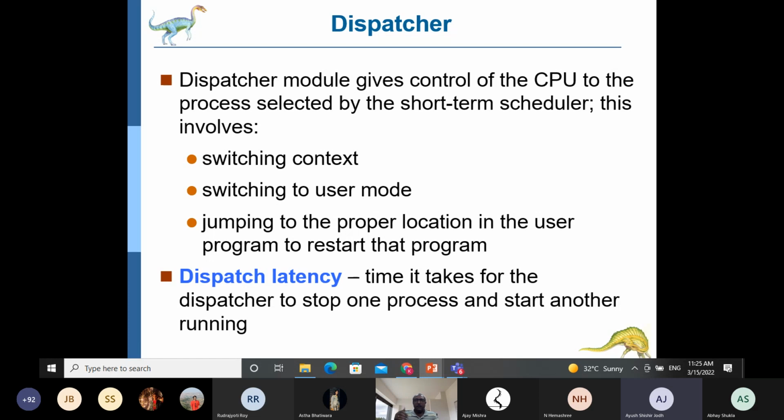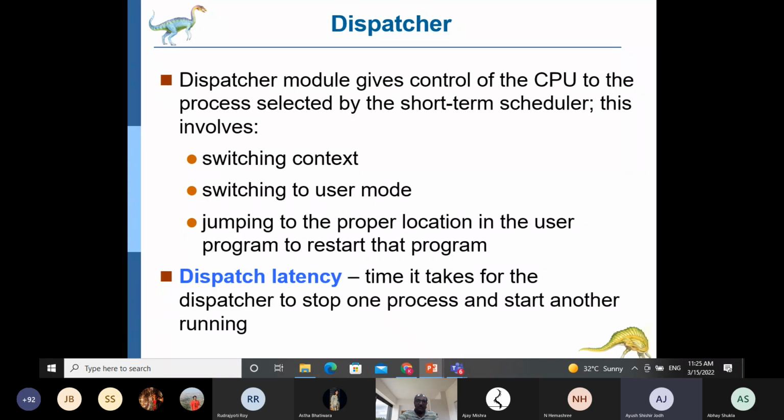And here we say dispatcher, because when you are removing a process, you need to identify which process is to be brought in and scheduled next. For that, the short-term scheduler has to decide. Then we have to bring that process's status from the kernel, place it in the appropriate CPU registers, and then start the program.